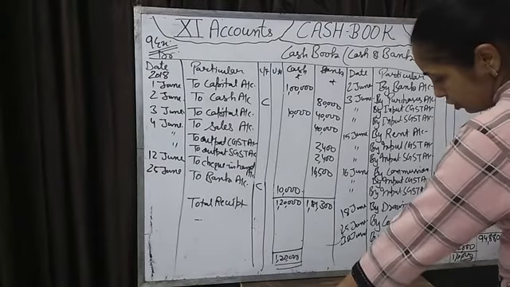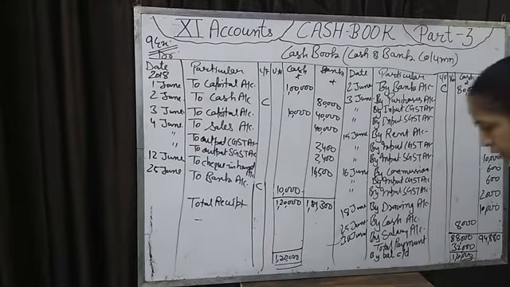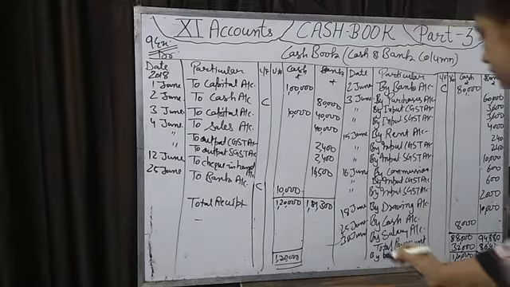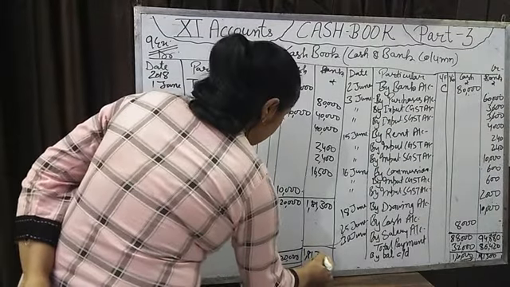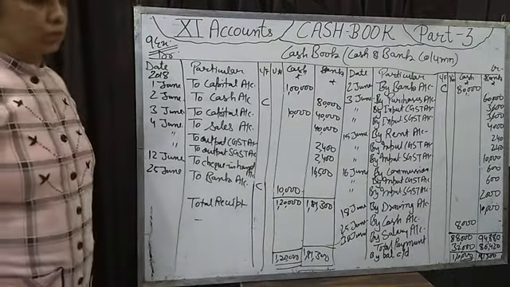It also comes on this side: 86,420. इसमें से ये आप माइनस कर दोगे. Then after that the total is also 1,81,300 and here also 1,81,300. Put 2 lines, close the cash book.